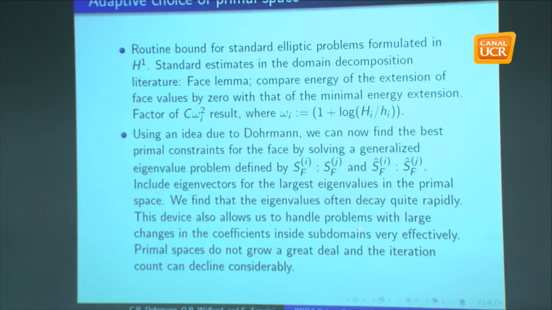So this device allows us to handle problems experimentally with huge changes in the coefficients inside the subdomains. And the primal spaces actually do not grow a great deal. It turns out that the eigenvalues often decay very rapidly. So just peeling off a few will give us greatly improved bounds.